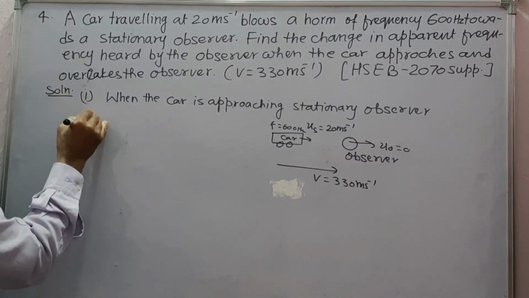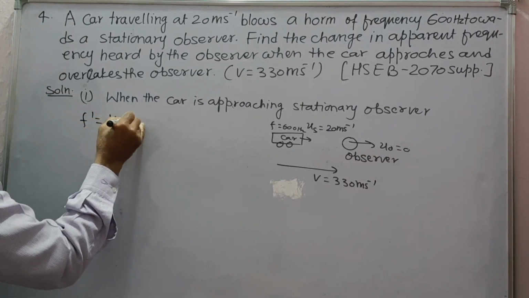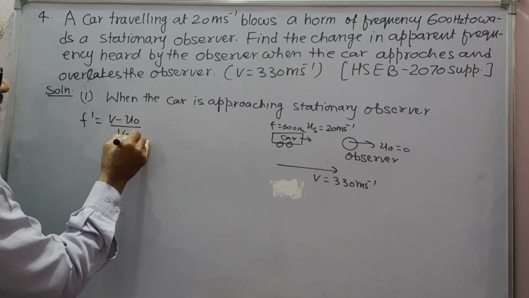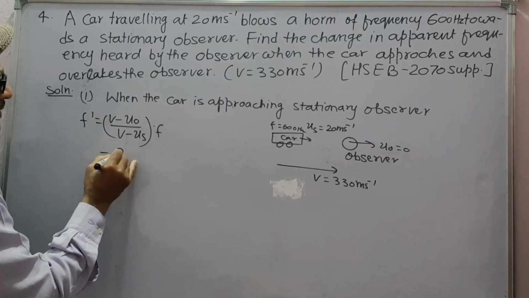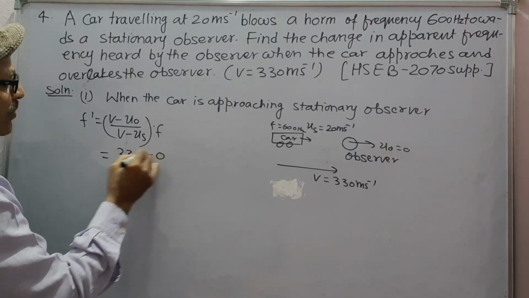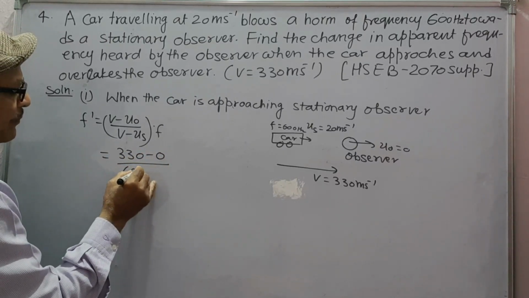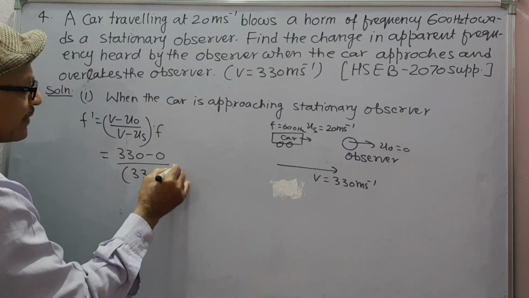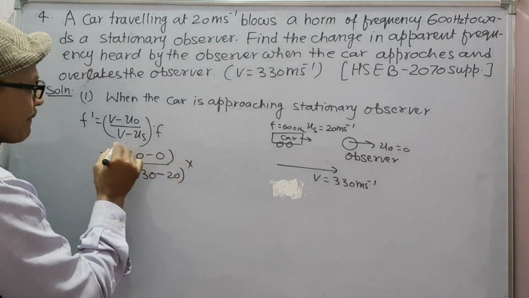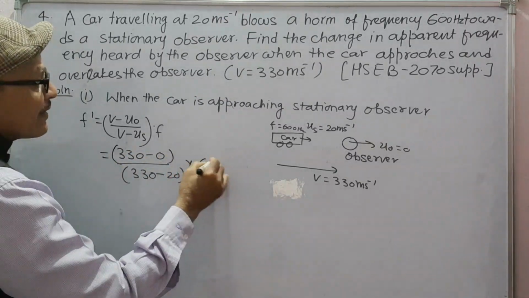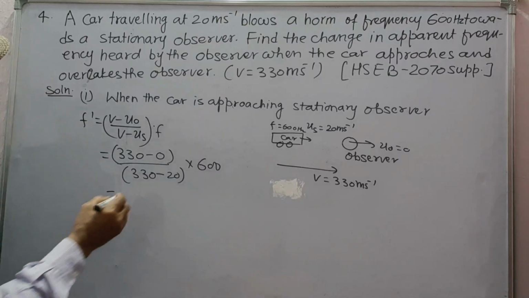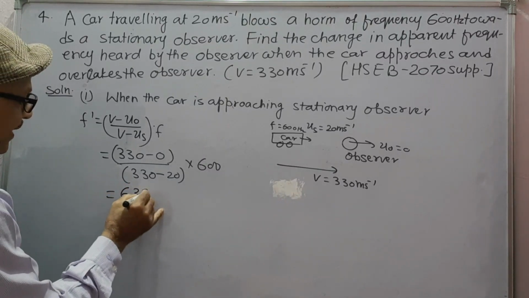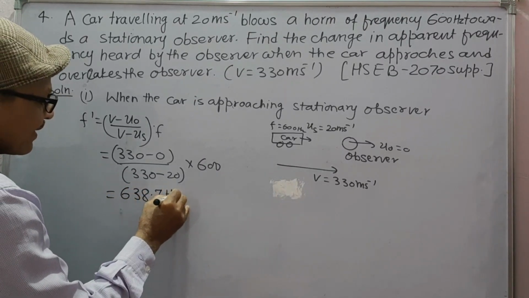Therefore, apparent frequency heard will be (V minus UO) upon (V minus US) into F, 330 minus 0 upon 330 minus 20 into 600, which gives apparent frequency as 638.7 Hz.